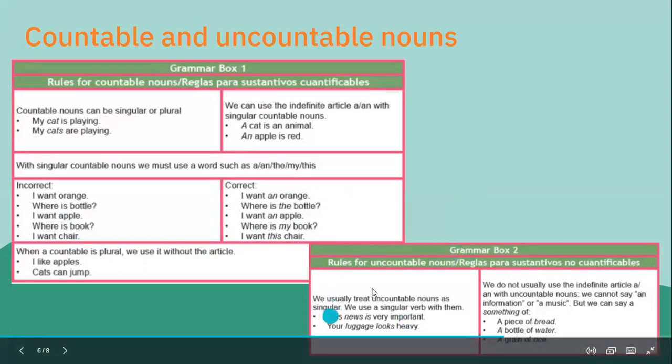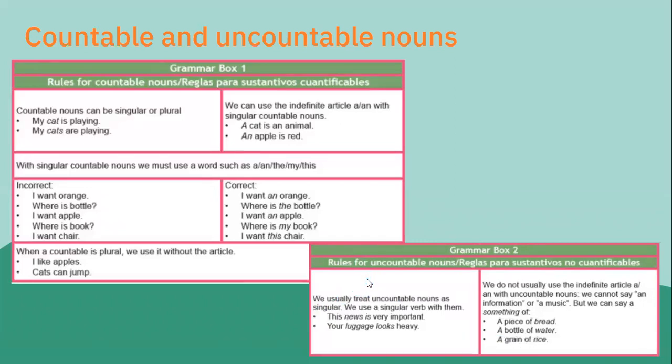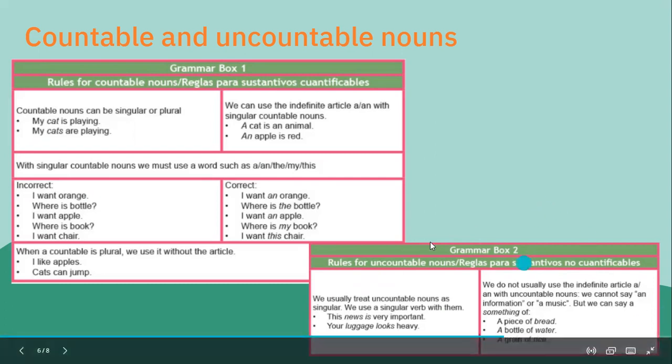And also, here we have that we usually treat uncountable nouns as singular. We use a singular verb with them. So the news is very important. Your luggage looks heavy. And finally, another rule we have over here is that we do not usually use the indefinite article a or an with uncountable nouns.